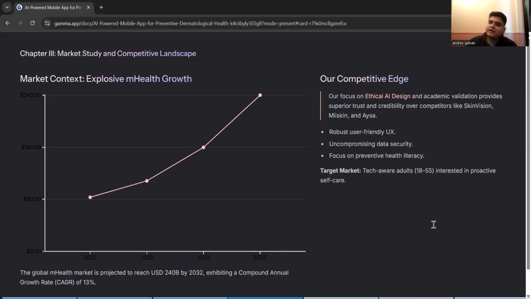Regarding the competition, there are both direct and indirect players. Direct competitors, as I mentioned in the theoretical framework, are applications such as SkinVision, MiSkin, AISA, and DermaCheck. While these apps offer artificial intelligence based lesion analysis, many lack transparency and professional validation.